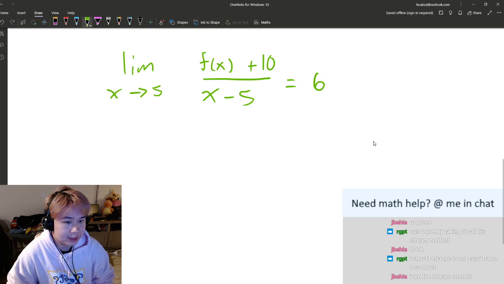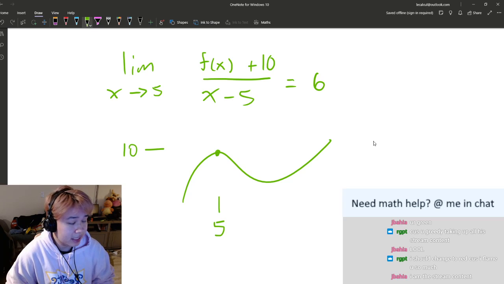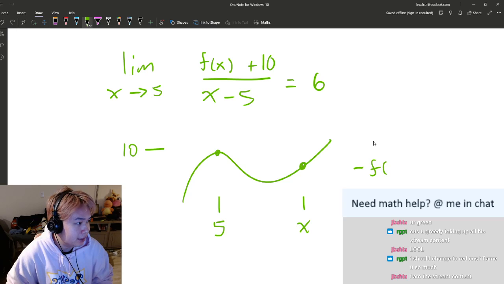And basically what you're saying is there's a graph, right? And then you have a certain x and y value, for example, 5 and 10. And then the definition of a tangent is you take the limit as you have a second point. So this point has the x value of x and the y value of f of x, right?